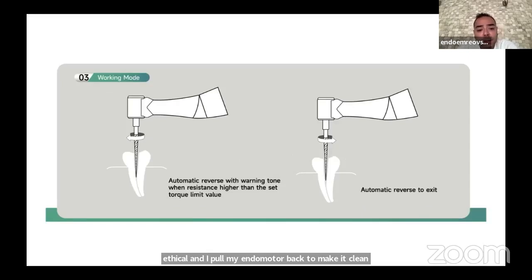Automatic reverse with a warning tone when resistance is higher than the set torque limit value. When you are working inside the root canal, also in reciprocating modes, if the file gets stuck inside the root canal system, the endomotor pulls itself back to reach the coronal part.